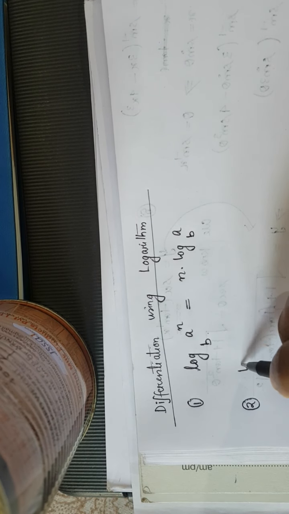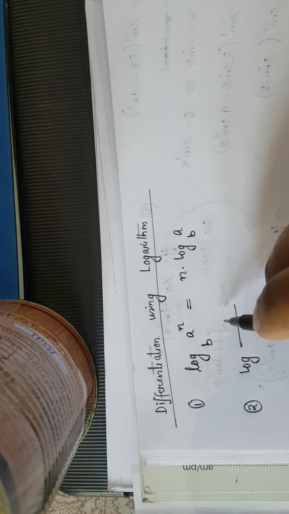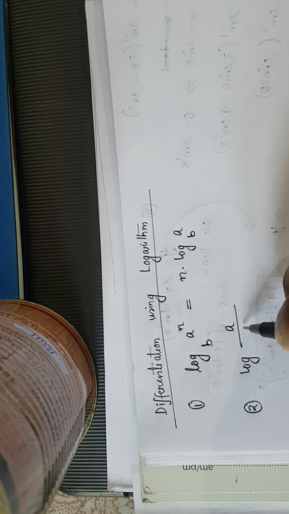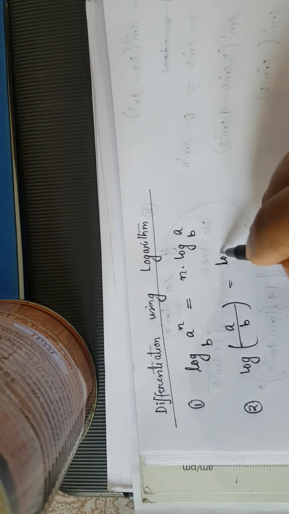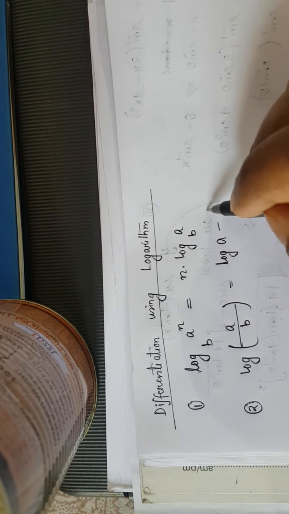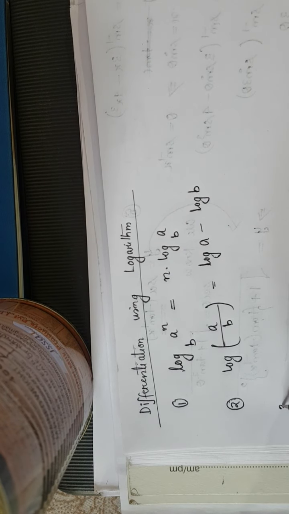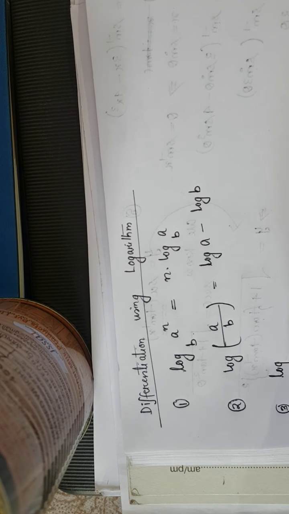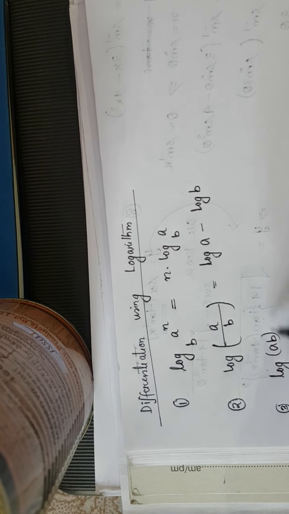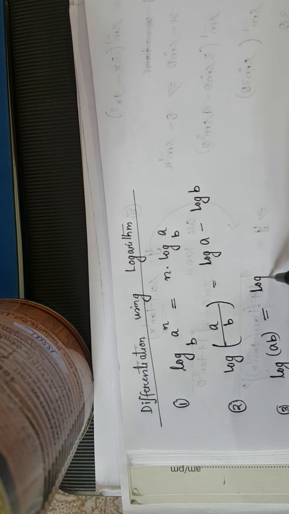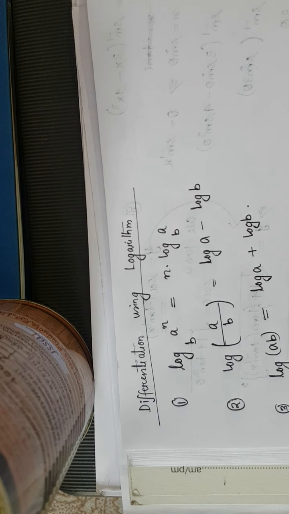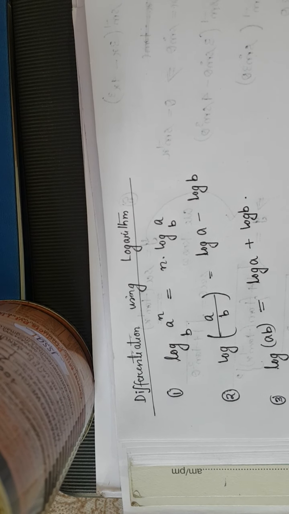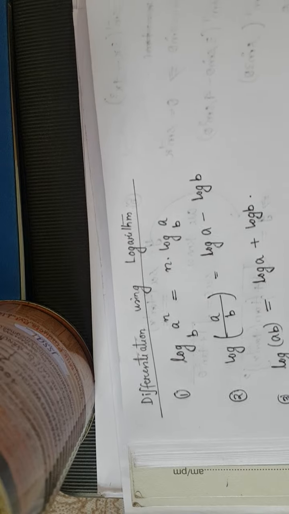Second, log of a by b is equal to log a minus log b, and number 3 is log of ab is equal to log of a plus log of b. At first, remember these three formulae.